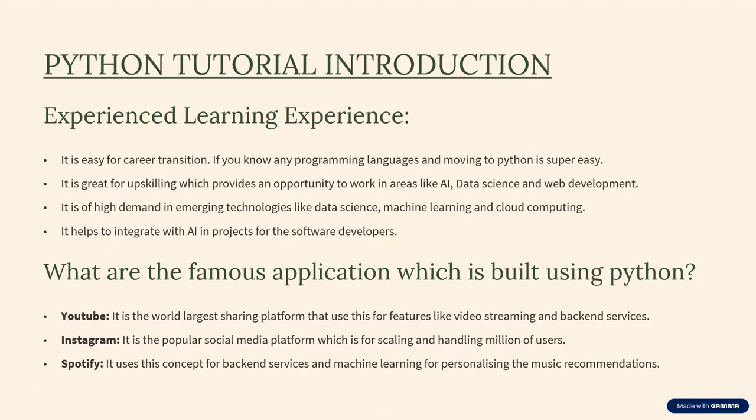So you can adopt this, and there is nothing difficult for you in adopting this programming language. It is in high demand in emerging technology like data science, machine learning, and cloud computing. It is an open source programming language, so it helps to integrate with AI projects for the software.